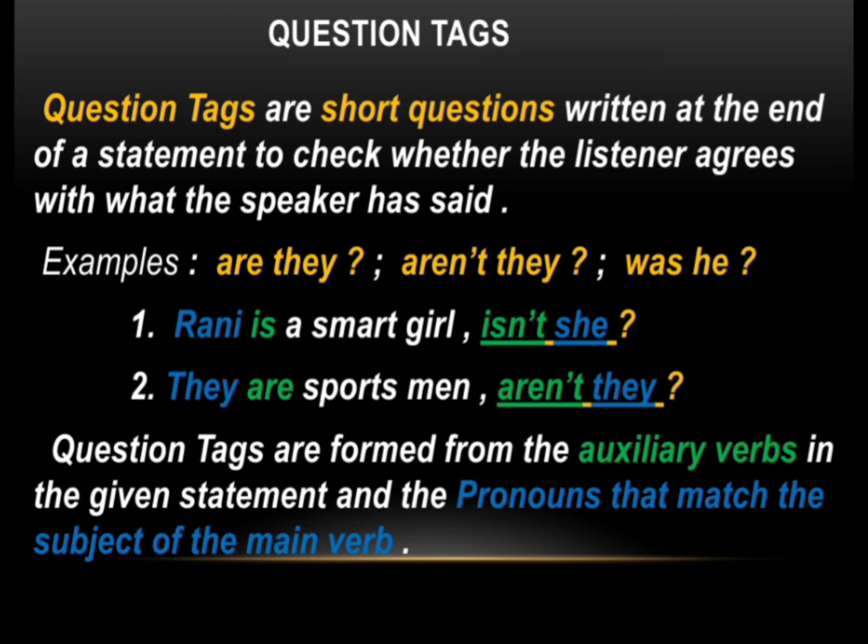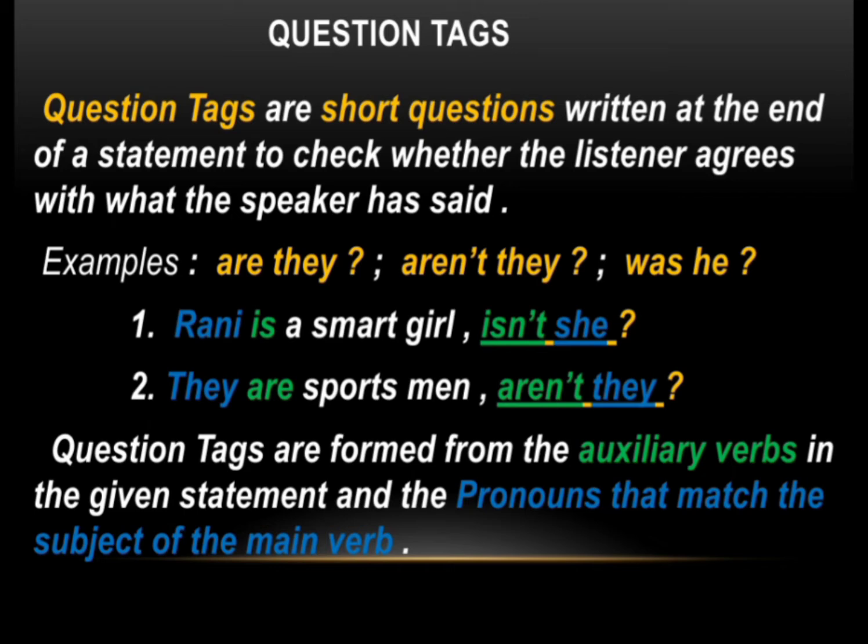Rani is a female and the pronoun of the female is she. So the question tag for the first statement is isn't she. And in the second statement, they are sportsmen, are is the auxiliary verb. The negative form of are is aren't and they is the pronoun. So the question tag is aren't they.